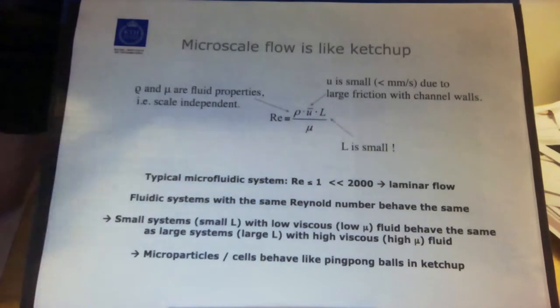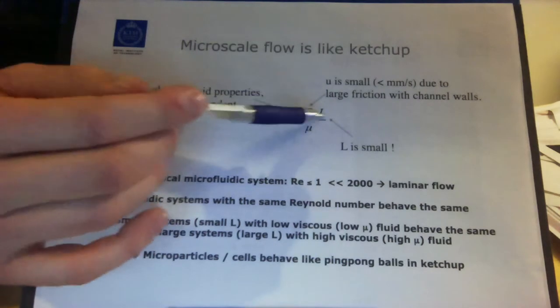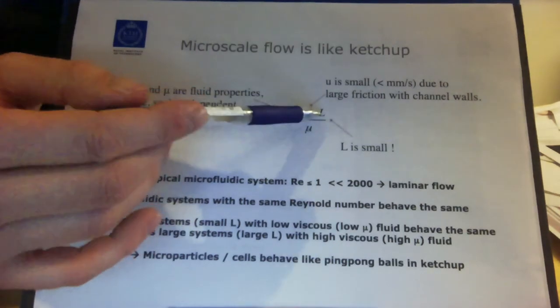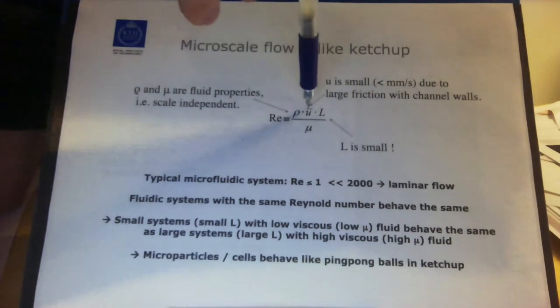The velocity on the microscale: we're going to see that systems on the microscale will have a lower velocity, and that is because we have much more friction, and therefore things will move much slower. So the velocity will be very little, and of course the dimension L is also small because that's exactly what we're doing. We're downscaling the system. So we have a system in which U is very small and L is very small.